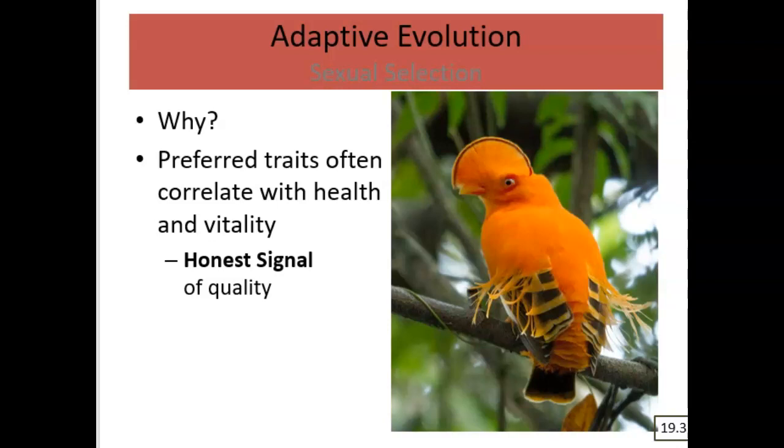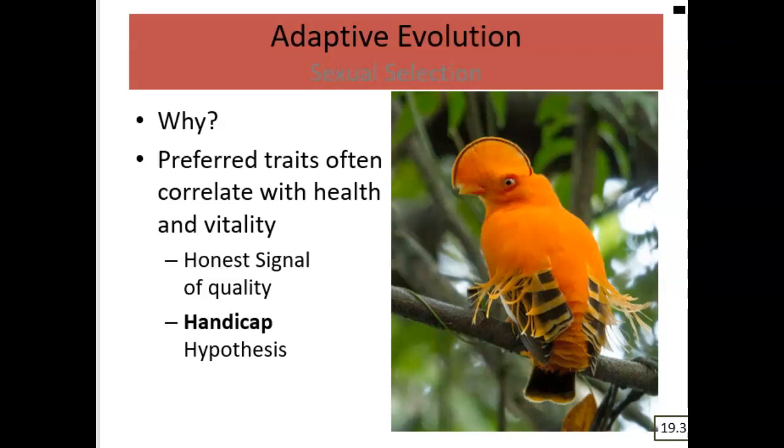Related to this is something called the handicap hypothesis. And the handicap hypothesis basically says, if a bird can put up with being bright orange, if it's able to attract every predator within 100 miles and still survive and still get food and still keep away parasites, even though it has that handicap of this ridiculous secondary sexual characteristic like a bright color or like the long tail of a peacock, right?